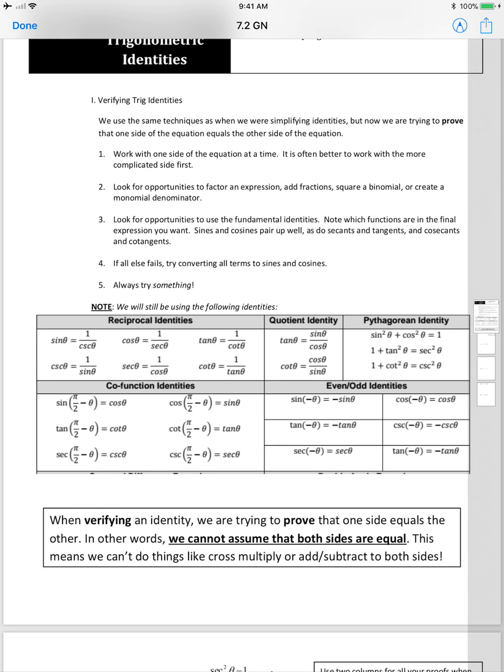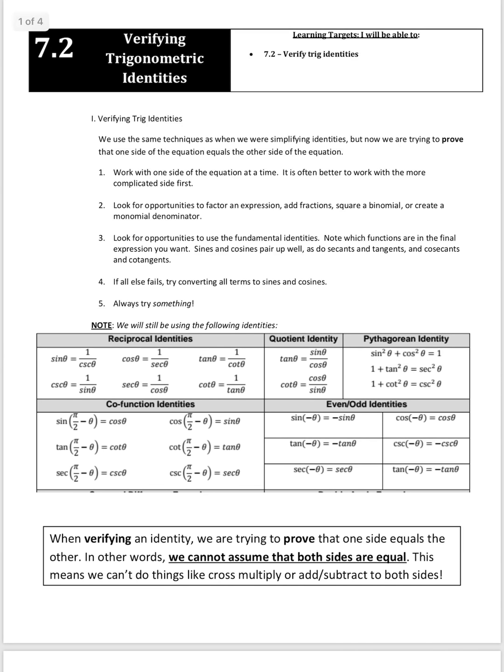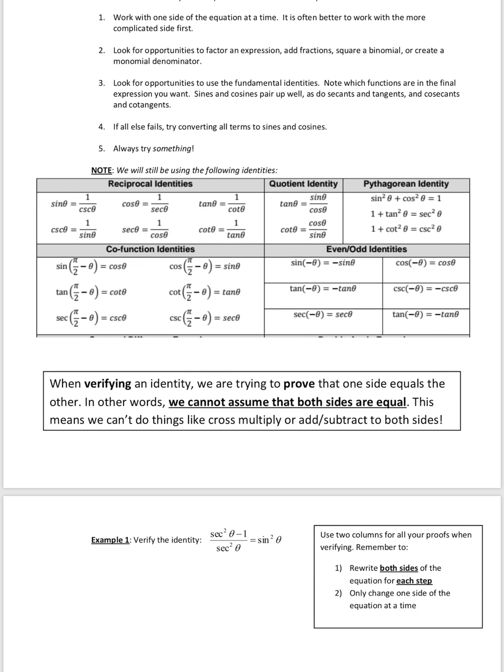I promise, even if you end up with some completely insane expression in the end, it was still worth something. It still taught you something and shows you some glimpse of what you should be doing when you're working toward your ultimate goal. So we're still using these same identities. One key point that I want to make here, and let's take a look at example 1.